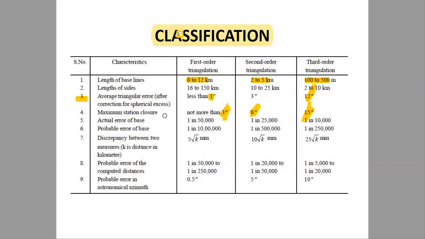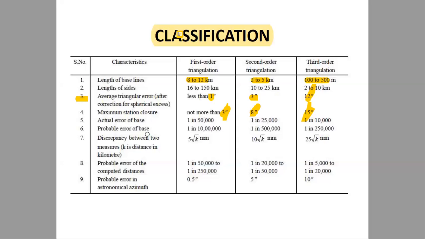So here also the maximum station closure shall not exceed 3 seconds in first order, 8 seconds in second order, and 15 seconds in third order triangulation. Similarly, the average triangular errors shall not exceed 1 second in first order, 3 seconds in second order, and 12 seconds in third order.